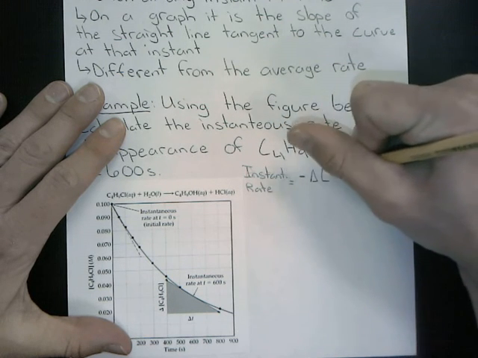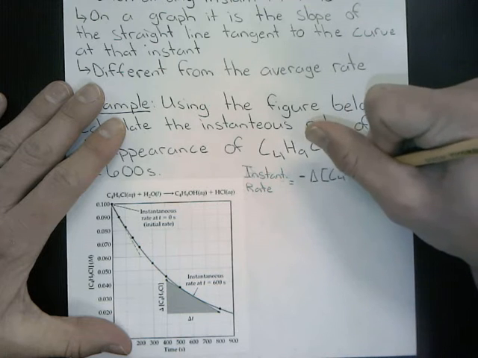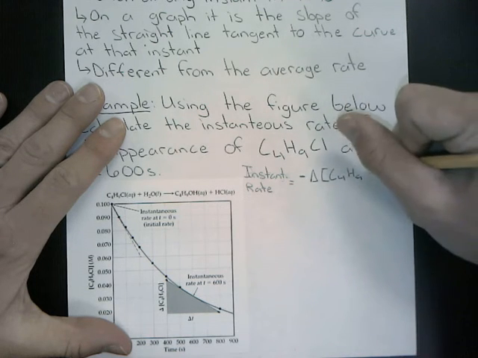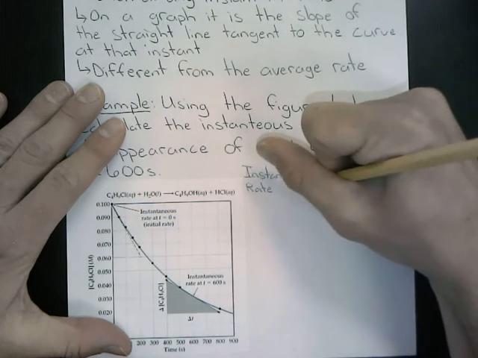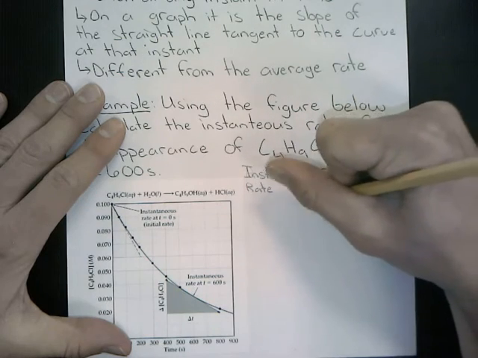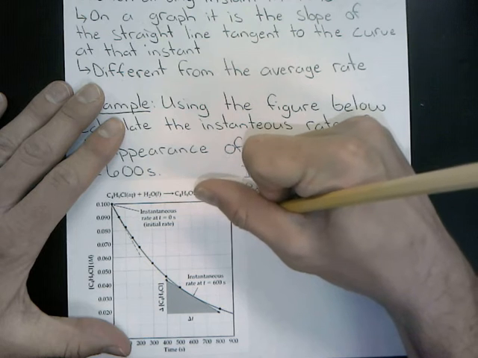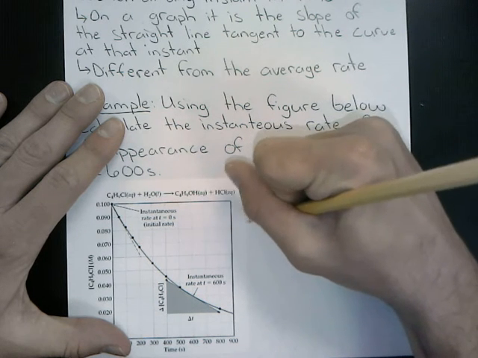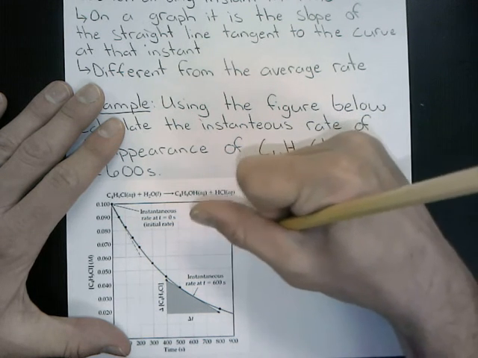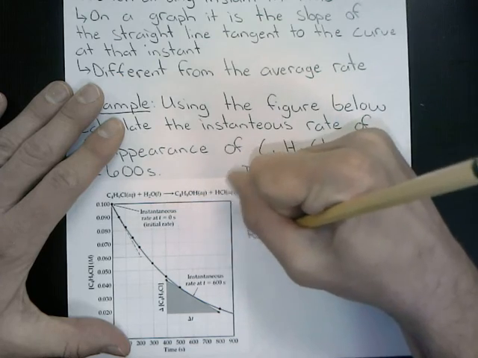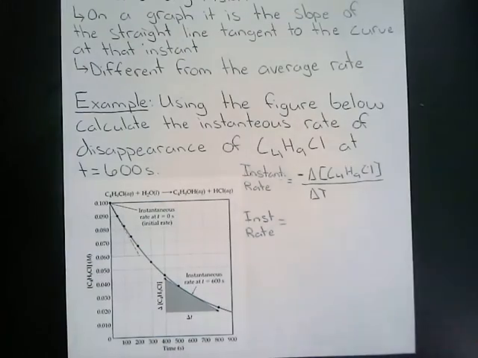So we're going to take the change of concentration of our chlorobutane divided by the change in time. So we're just going to insert our values here. To save some space, I'll just say our instant rate is this. We have this.